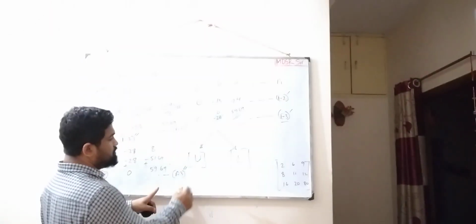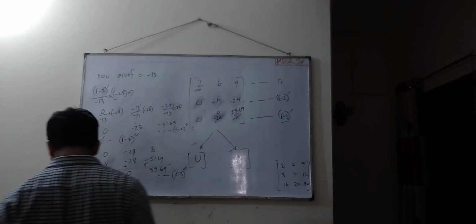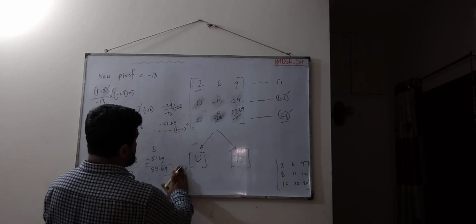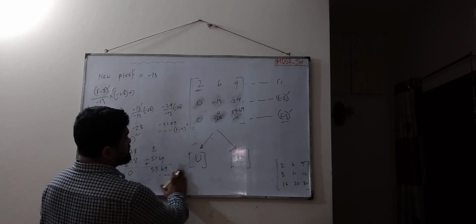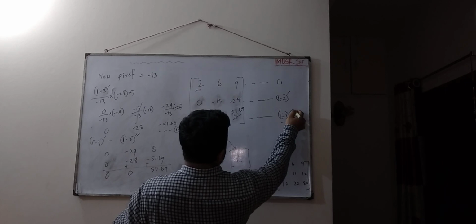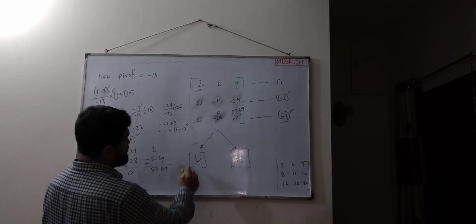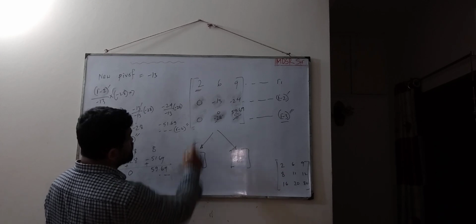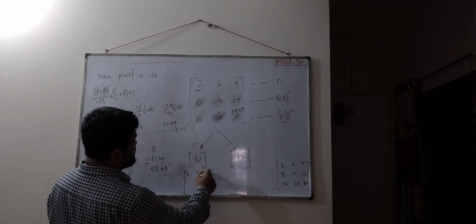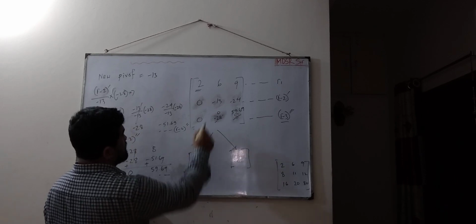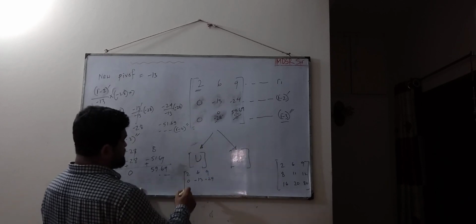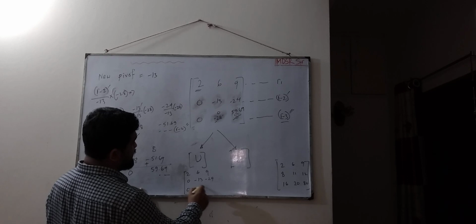So that is a U matrix. We can straight up from here say the U matrix, U matrix 0 3 double prime, is 2 6 9, 0 minus 13 minus 24, and 0 0 59.69.